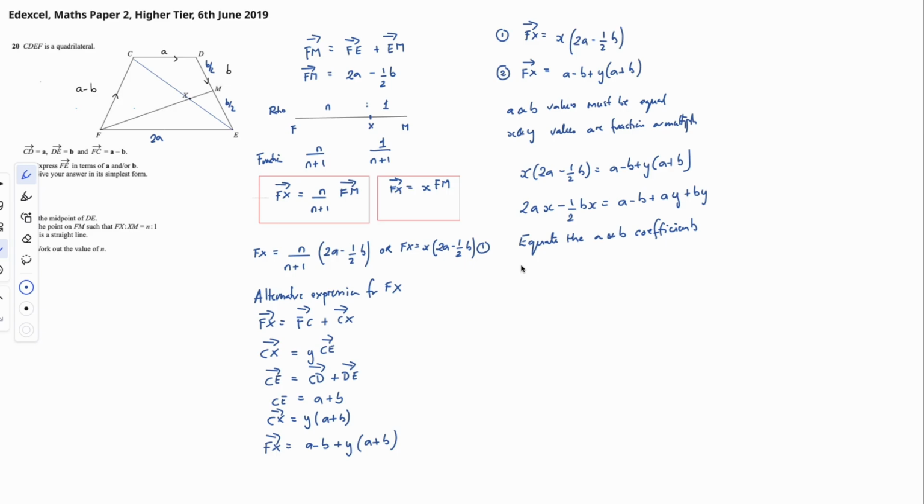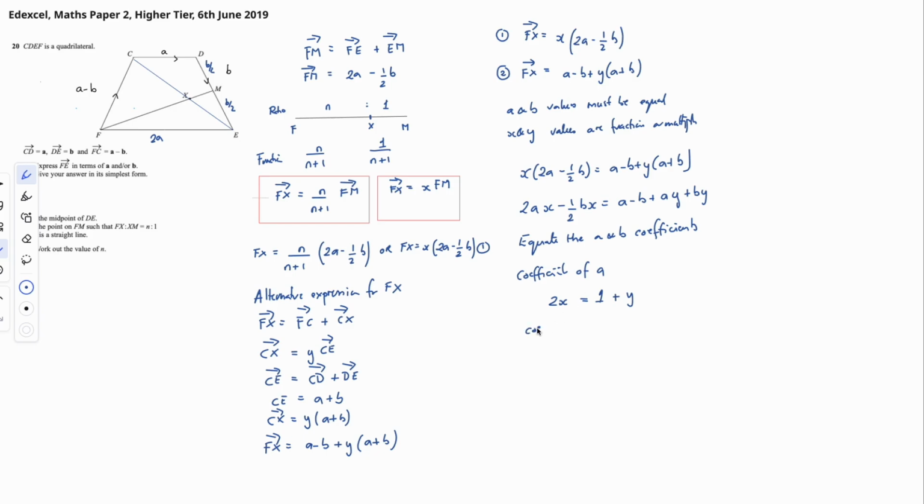So if we equate, let's start with a. That's the coefficient of a, we get 2x there. There's no other a's on the left hand side, is equal to, we've got a 1a there, and we've got a y there, and there's no other a's.